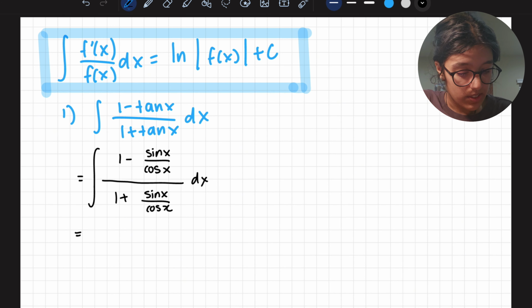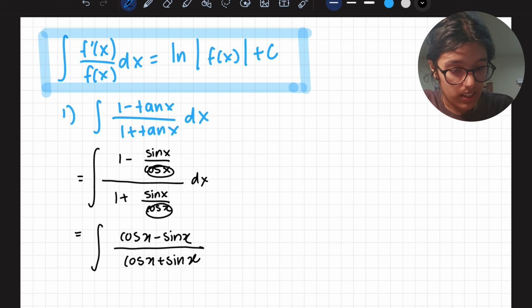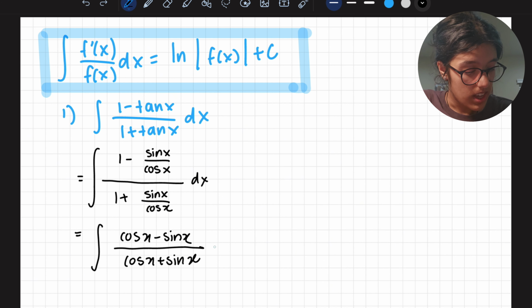In this case, let's simplify it a bit more. Let's take the common denominator for both top and bottom, which is cos x. So we have cos x minus sine x over cos x plus sine x. This cos x and this cos x cancel each other out. And now this is what we are left with.